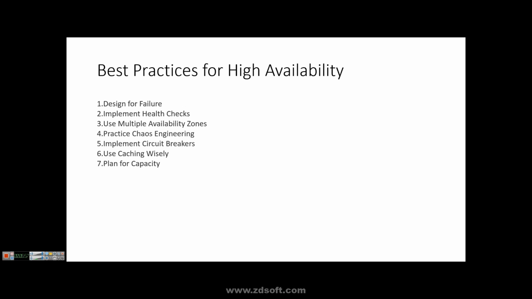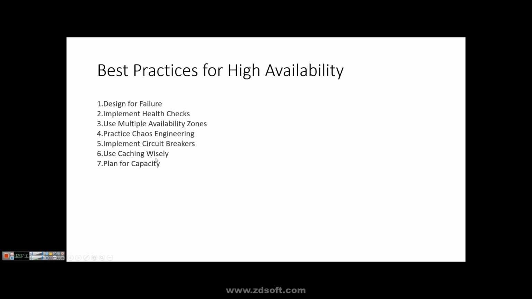Sixth is use caching wisely. Caching can improve availability by reducing the load on backend systems, so we should use caching wisely. And seventh is plan for capacity. We should ensure our system can handle both expected and unexpected load increases, and plan for capacity accordingly. So by using these 7 best practices we can design a high availability system.